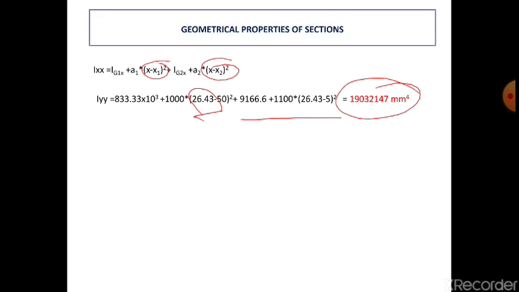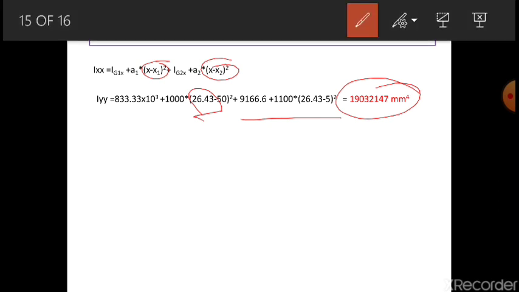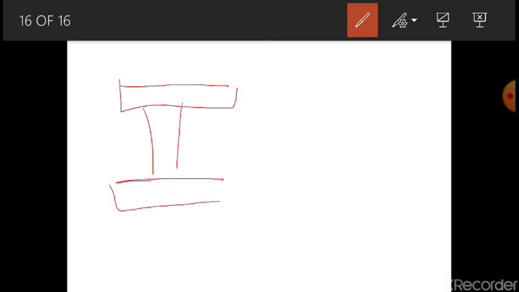The same way you have to calculate for the I section and for the T section. If the I section is symmetrical, what is symmetrical?